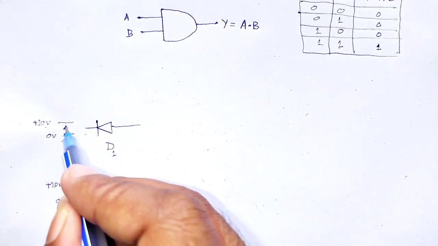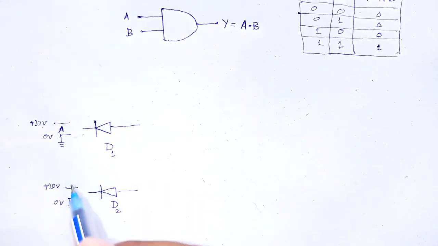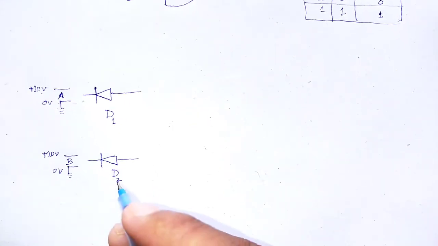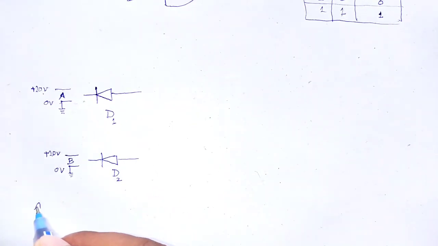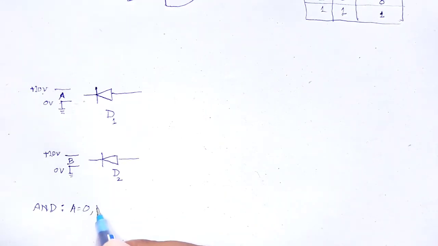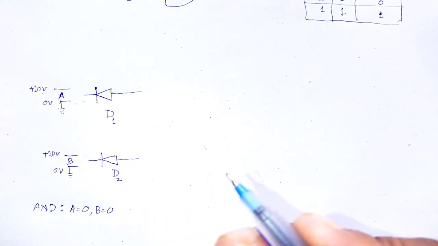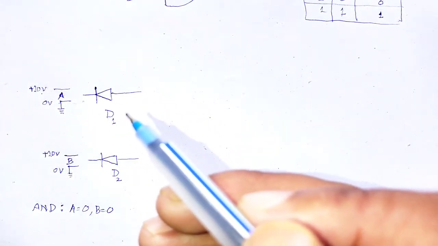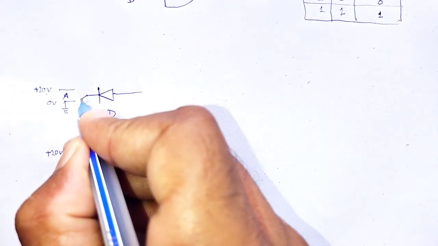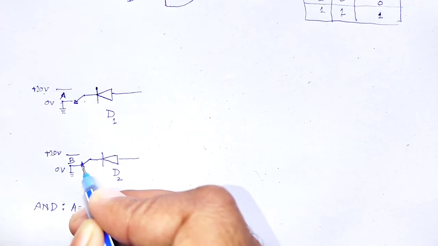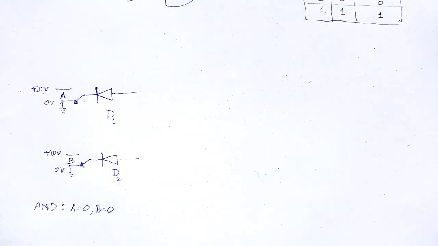Here is input A, and another input B. So, let us take the first condition of the AND gate, the 0 0 situation. If A is equal to 0 and B is equal to 0, then what happens to the output? When A is equal to 0, B is equal to 0, the arrowhead is towards 0 volt.